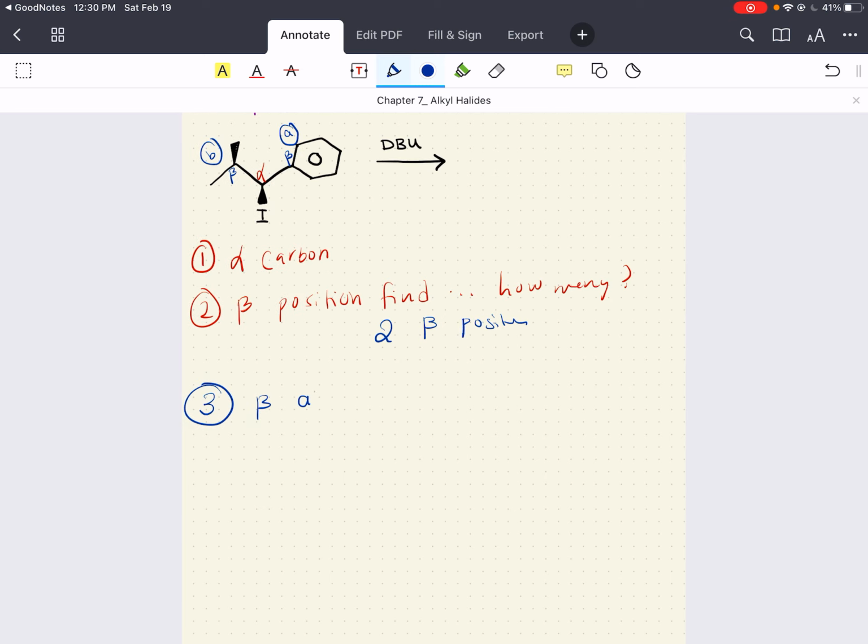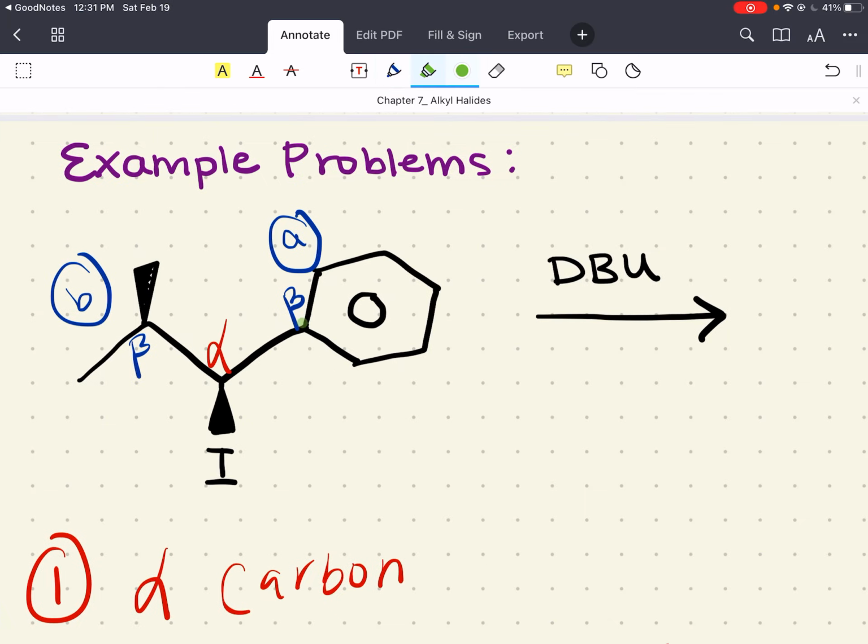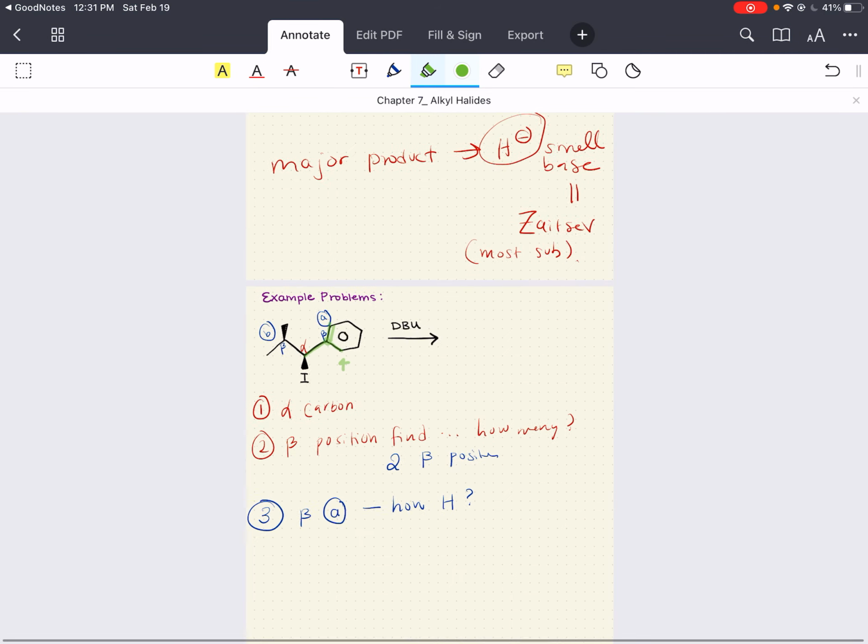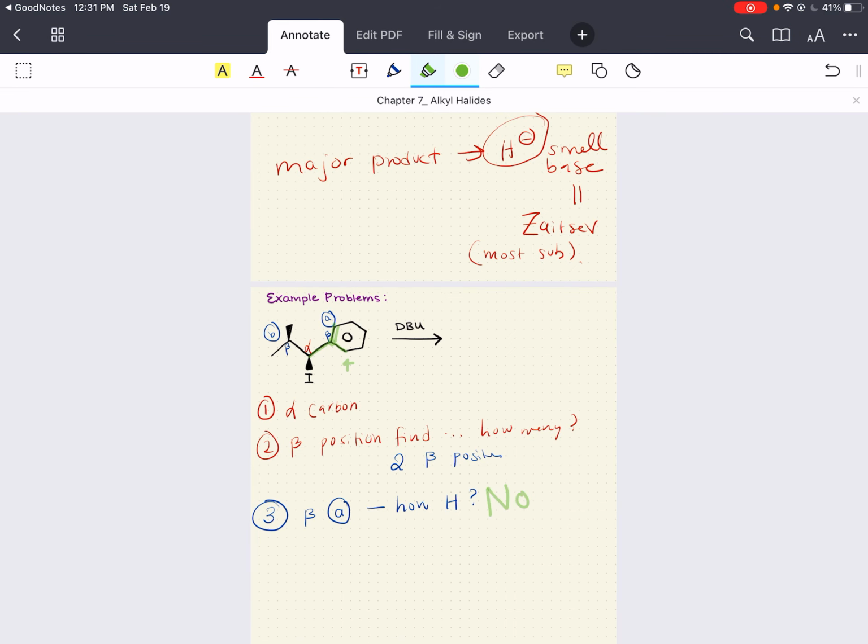All right, how many hydrogens? Let's look at that beta position right here. It's bonded to this carbon right here, double bonded over here and single bonded here. There are 4 things attached to that beta position, and there are no hydrogens here.